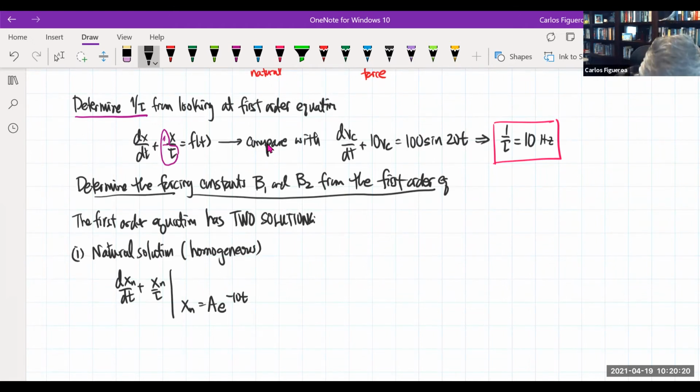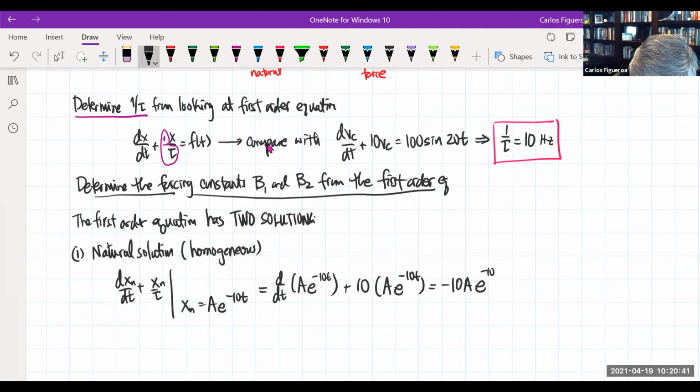Let me show you what I mean. In our equation, it's d/dt of a e to the minus 10t plus 10 a e to the minus 10t. If I take the derivative of that, I get minus 10a e to the minus 10t plus 10a e to the minus 10t.